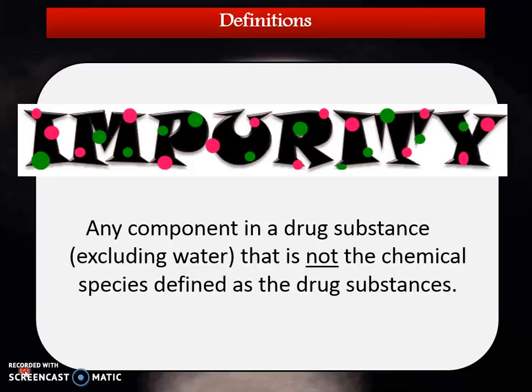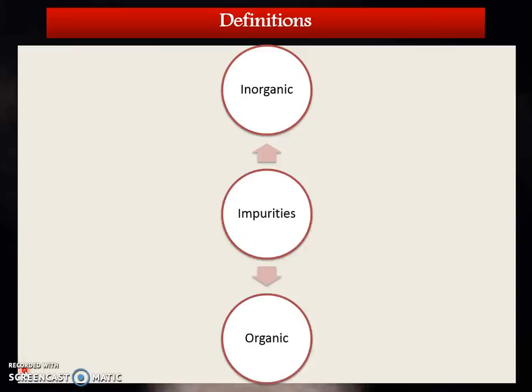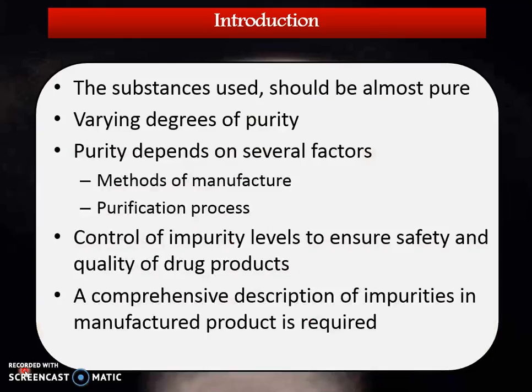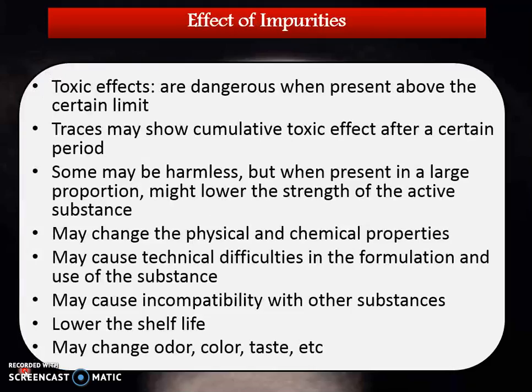Impurity does not only mean dirty things, it's just unwanted substances. The nature of impurity can be either inorganic or organic. The substances that we use should be almost pure, but there are varying degrees of purity. So we need to control the impurity levels to ensure the safety and quality of drug products.